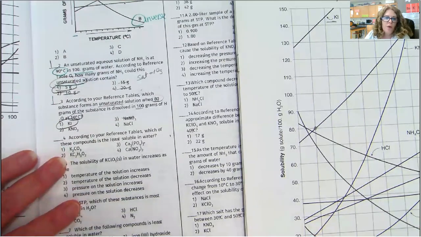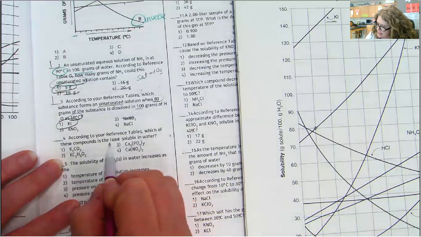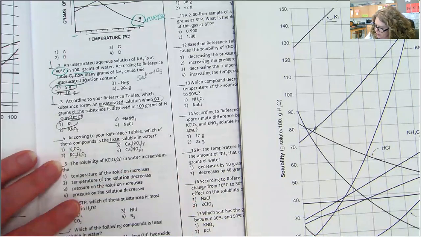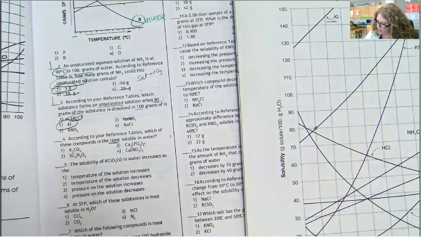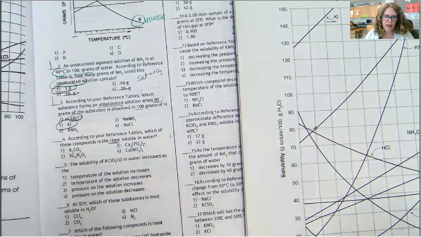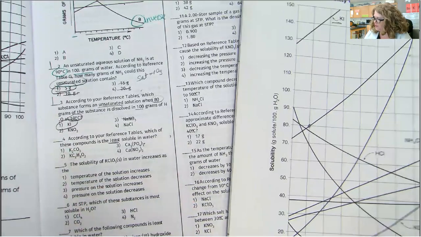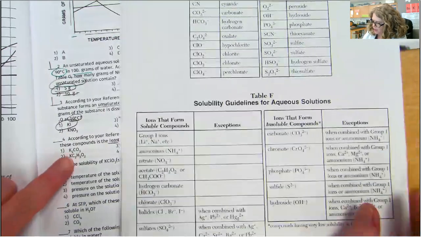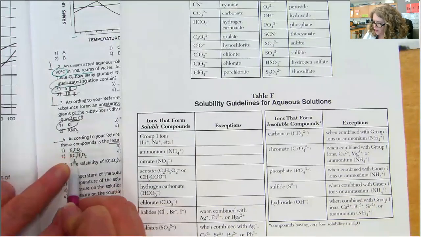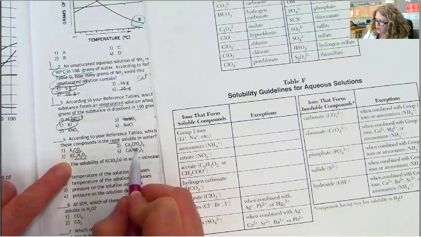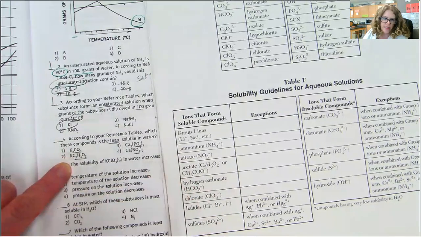All right, so number 4, according to our reference tables, which of these compounds is the least soluble in water? Okay, so this looks like we are going to be looking at table F. So let's go to table F. Here we're going to look at carbonate, acetate, phosphate, and nitrate.